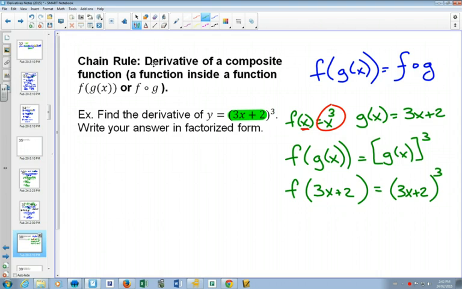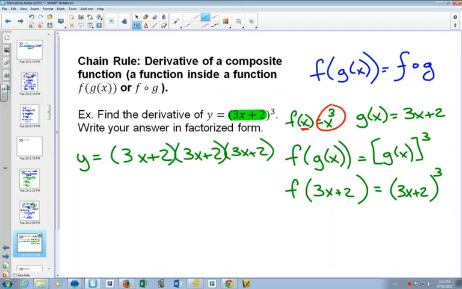What we have right now, the only way that we know so far how to do the derivative of this is we have two options. One, we can expand the whole thing. Okay? 3x plus 2 cubed means 3x plus 2, 3x plus 2, 3x plus 2.